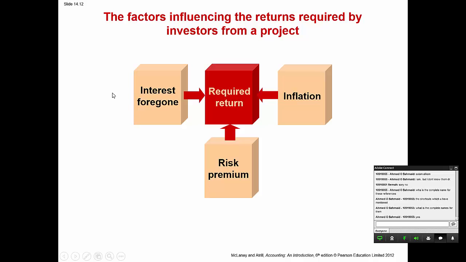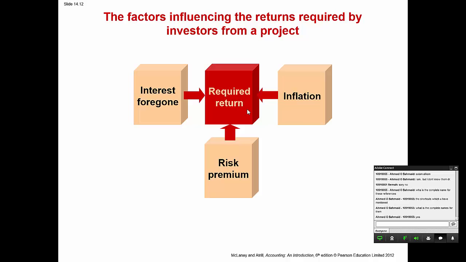The second factor is inflation, which is the increase in the prices of products. That means inflation affects money negatively, or it makes the money worth less than it should be. So inflation also affects the required rate of return.